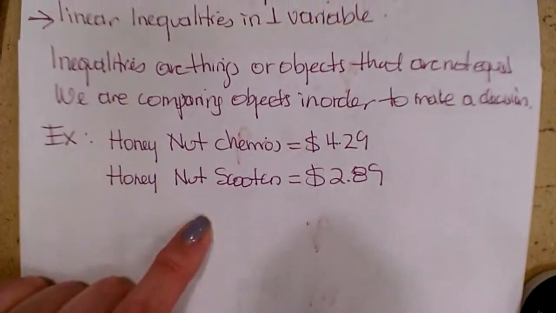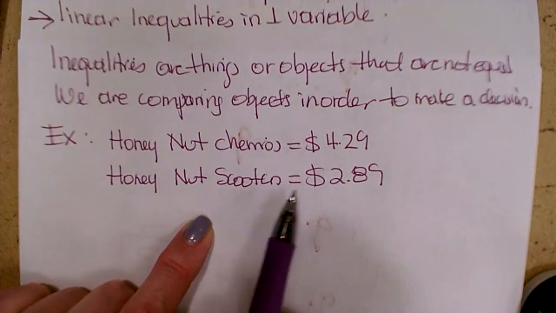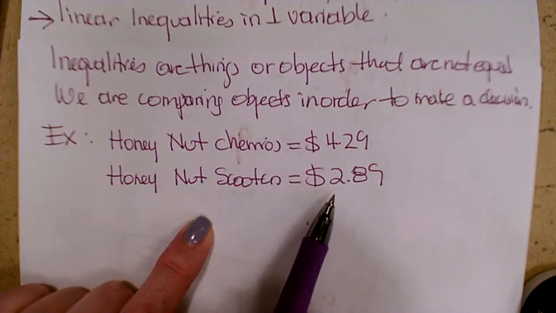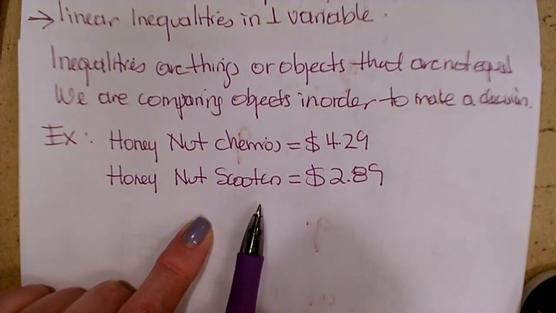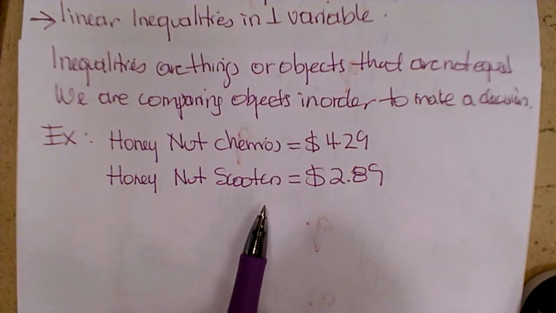If I only care about the price, I will go with honey nut scooters, right? So in this situation, I have made a decision based on a comparison of prices.